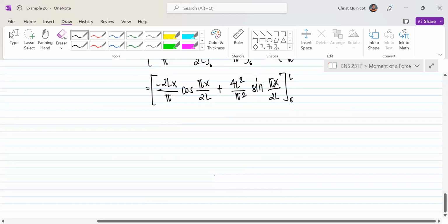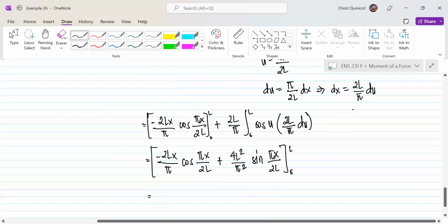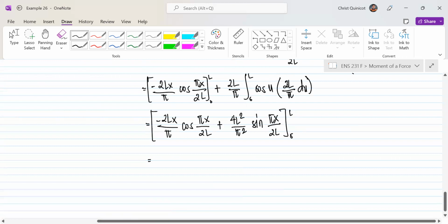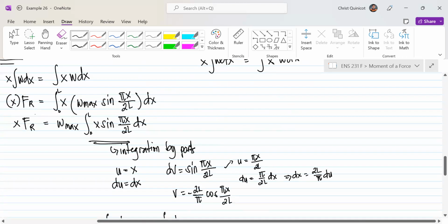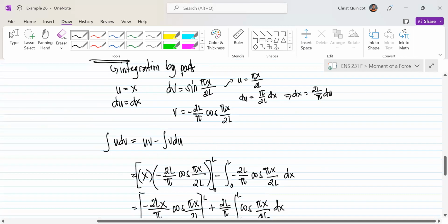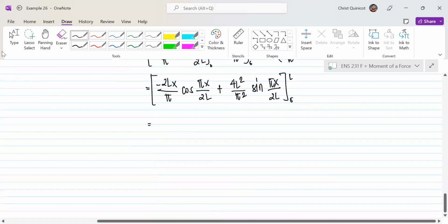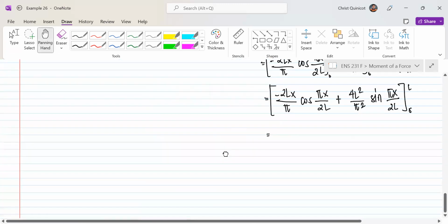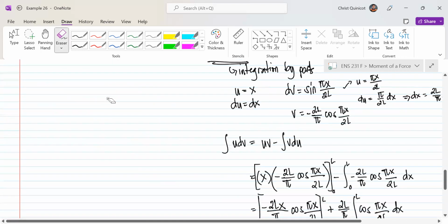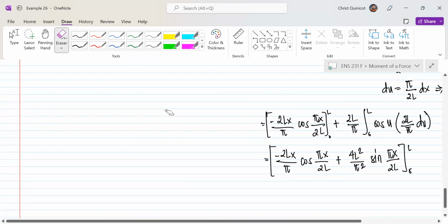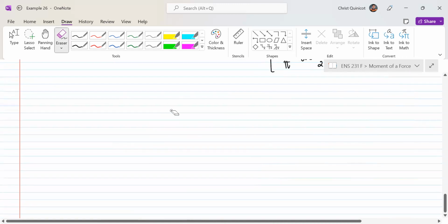Okay. So we rewrite this one, then we will copy all of these and equate that to our f sub r times x. So we bring down everything and this becomes the integral. So this is somewhere here.